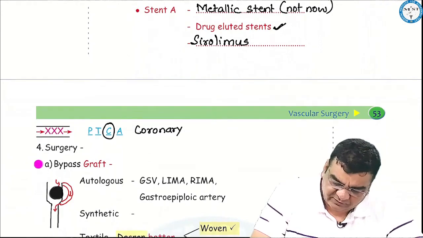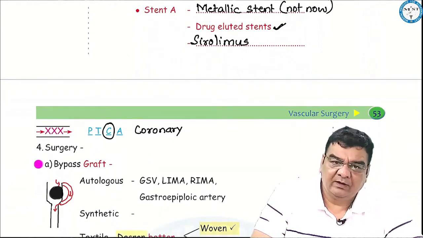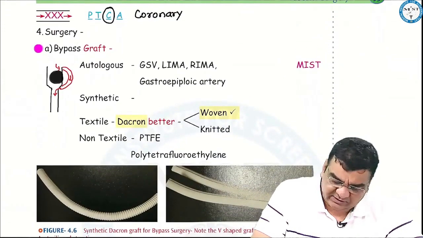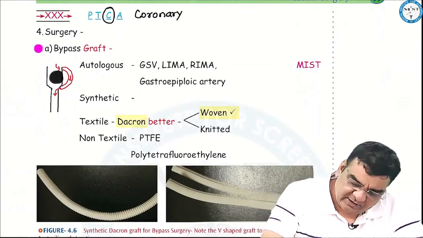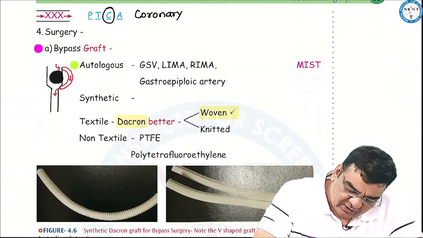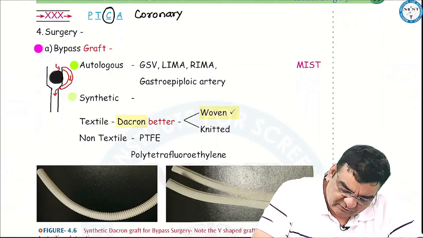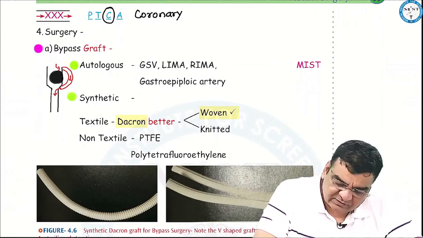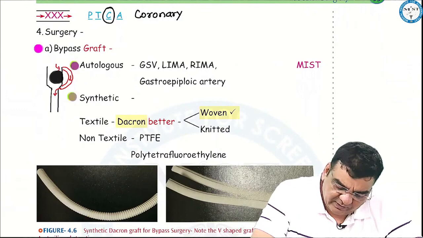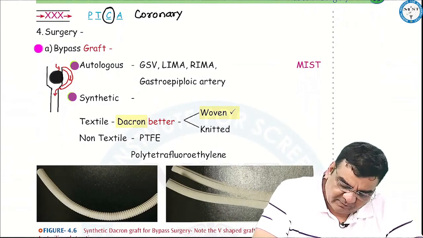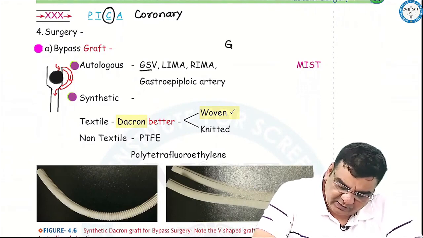And the fourth option which we have is surgery. In surgery, we can do bypass surgery, that is a bypass graft. In this bypass graft, we have the option of choosing an autologous graft or a synthetic graft. Autologous grafts definitely would be better. These autologous grafts can be great saphenous vein.